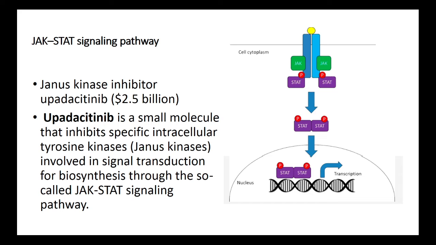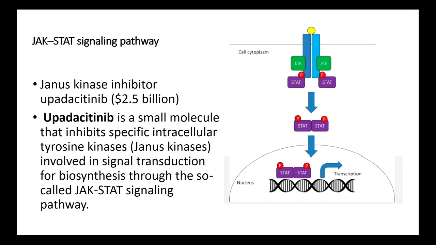For example, I need to tell you about the Janus kinase STAT signaling pathway. This works and makes a STAT protein which will translocate into the nucleus and give an expression effect for target genes.